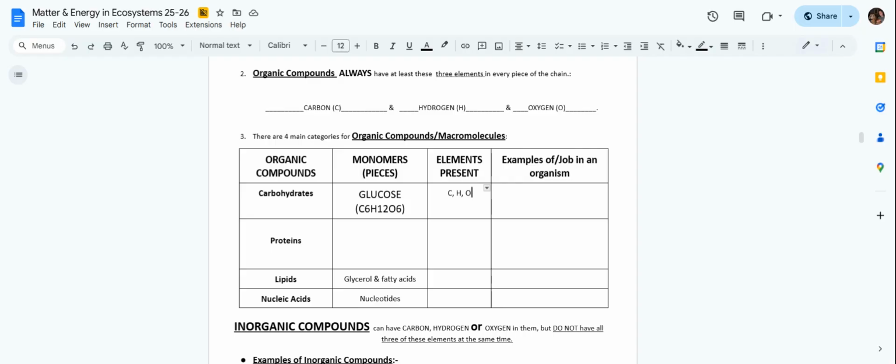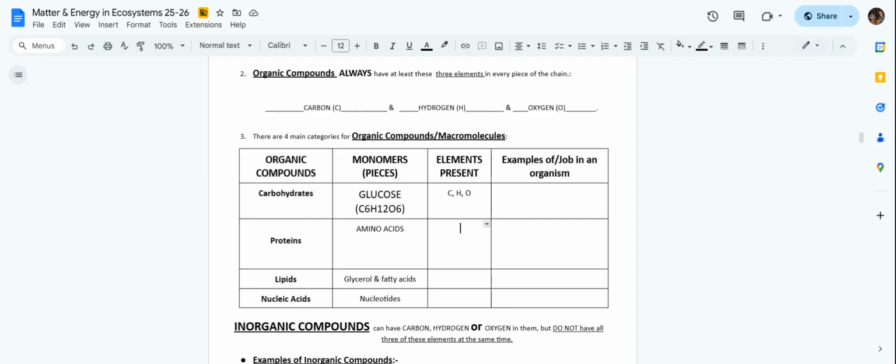Proteins are actually made up of pieces called amino acids. This is going to be something that you're going to need to remember. We're going to be learning it in later units as well, relearning it. But proteins are long chains made up of pieces called amino acids. So it'd be like if you had a bunch of beads, you would have one bead as an amino acid, the next bead is an amino acid, the next bead would be an amino acid, and all together they make up a protein.